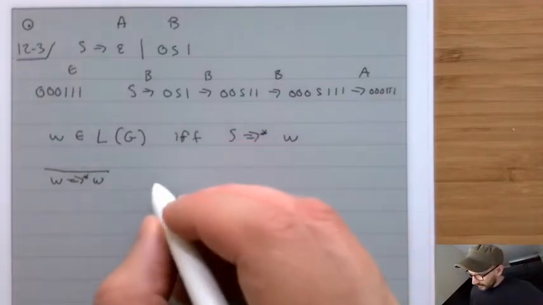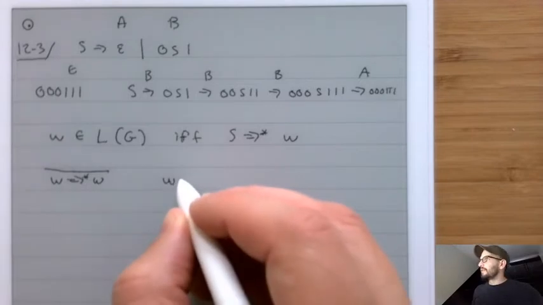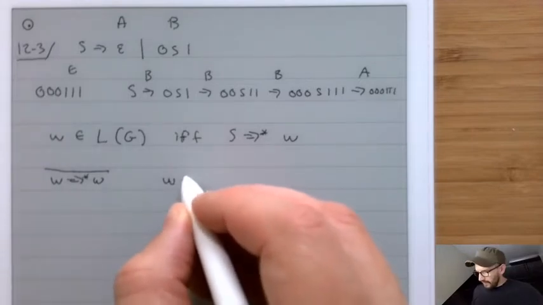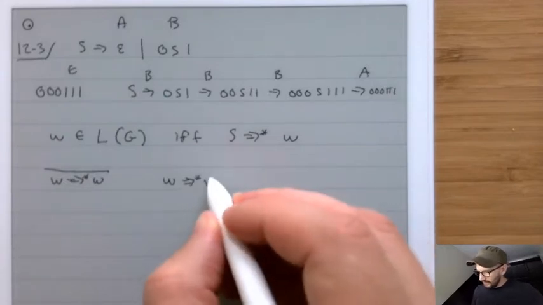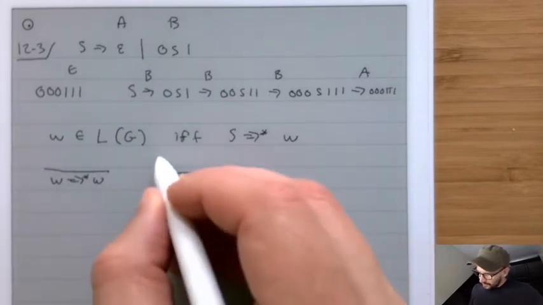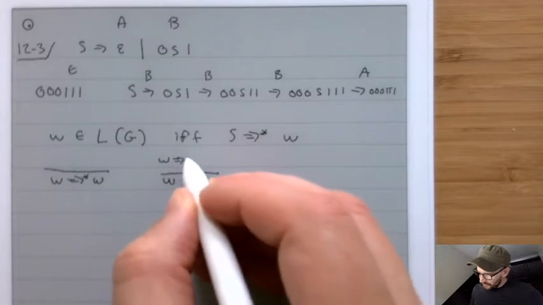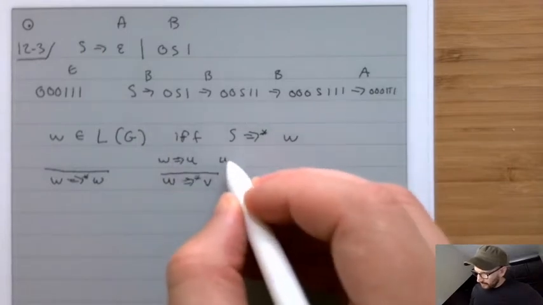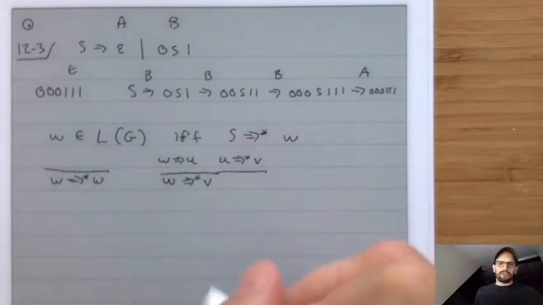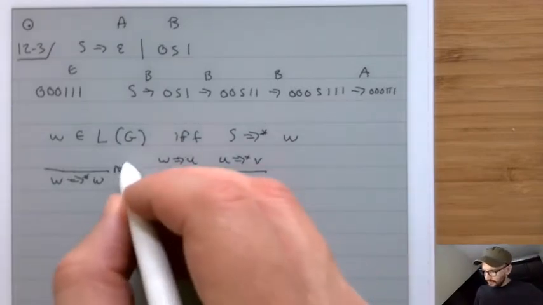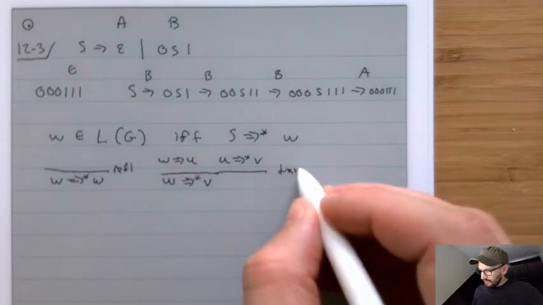Next we'll say that W derives star V if W derives U and U derives star V. So this is the transitive rule. So this is reflexive, this is transitive.